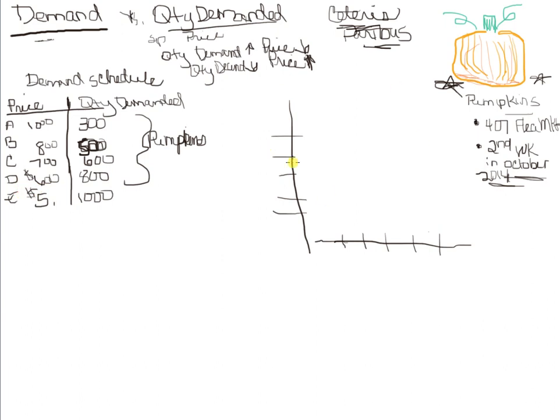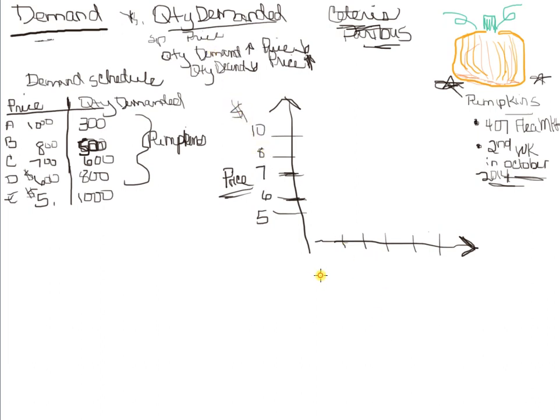I can go over and plot them on the graph here, but the interesting thing to realize is that any graph you see is just lines unless you make that information make sense. So let's tell it that this is going to be the price on the vertical axis, which is where it's supposed to be in an economic model. It's going to be in ascending order, as I'll show with the arrows. So this would be $5, $6, $7, $8, and $10 for my model.